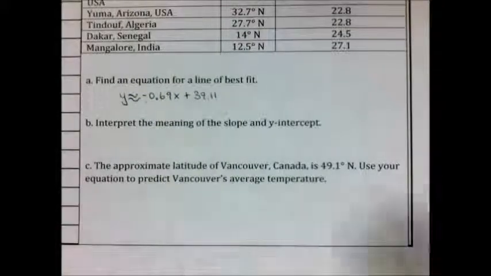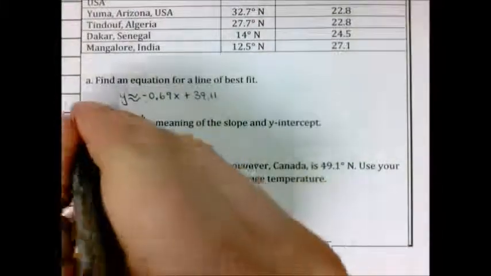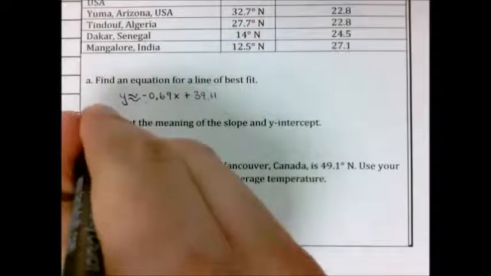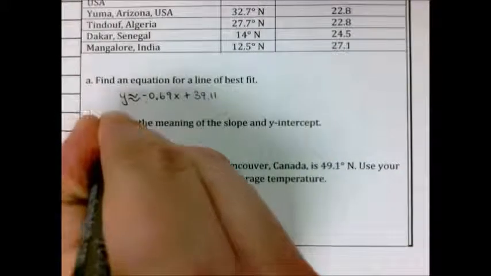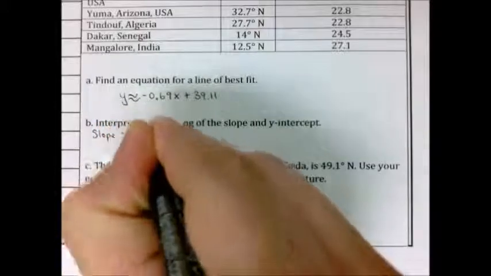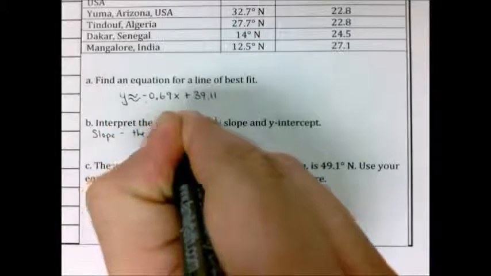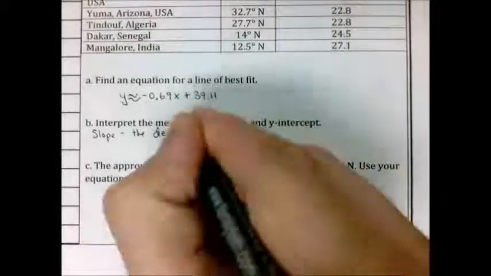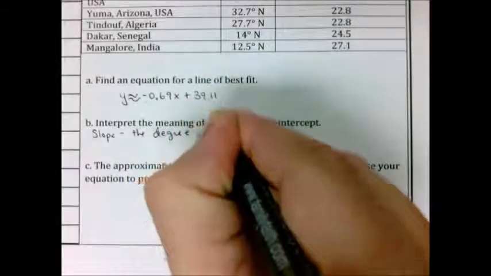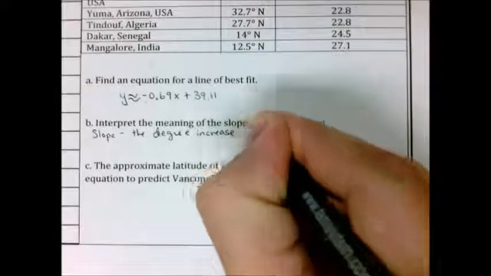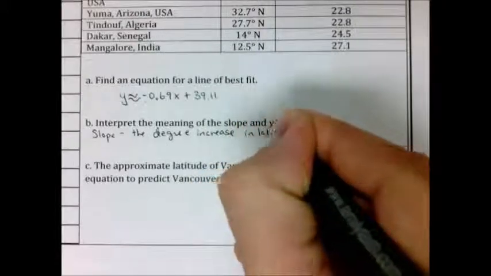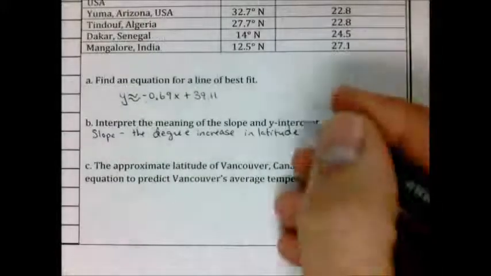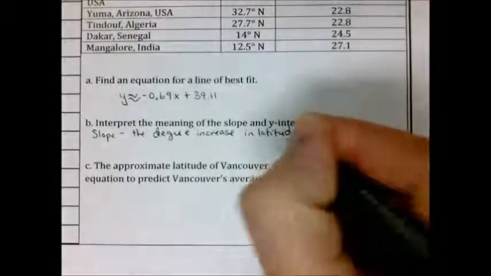So your slope then, the slope is the degree increase in latitude, one degree.